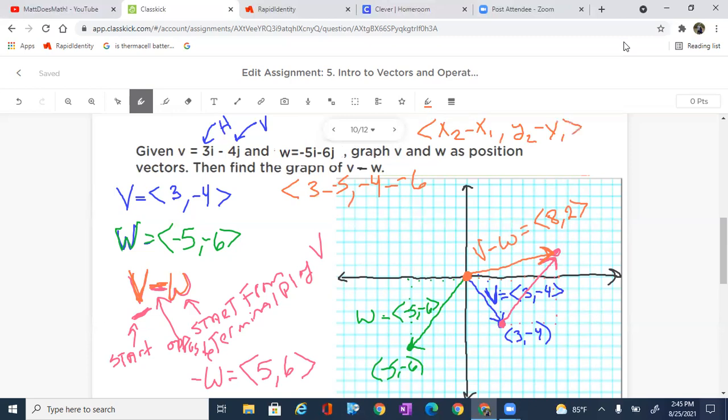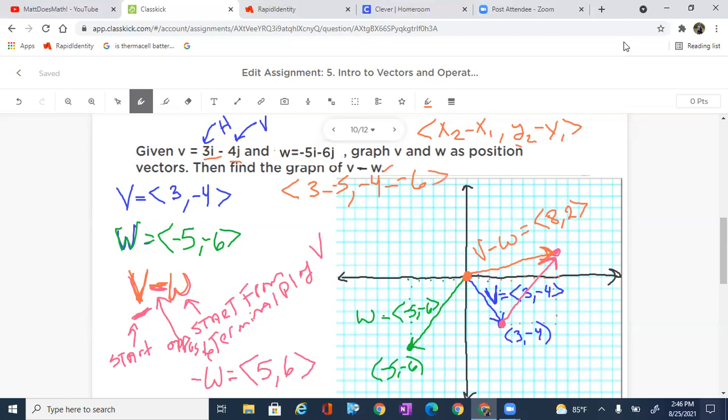Now, it doesn't really matter. All x2 and y2 are saying is start from the first point that you pick. So I picked 3 to be my first point. That means when I go to y2, I have to make sure that I am starting here with that 4, and you can see that negative 4 showing up right there.